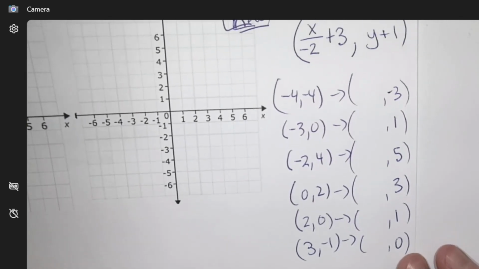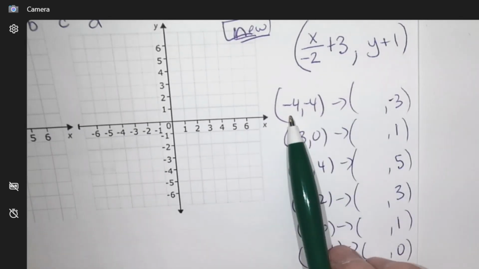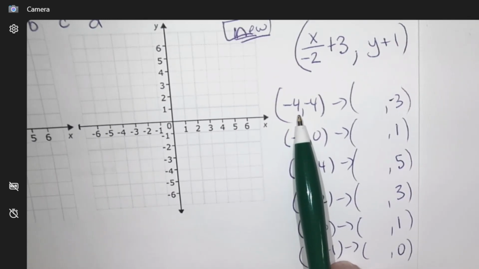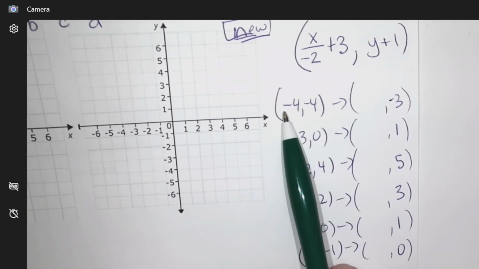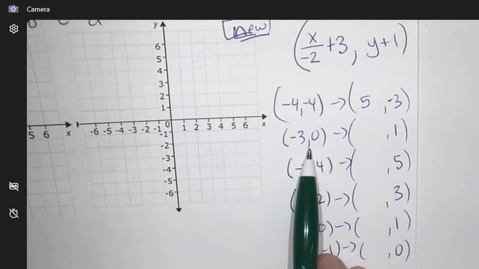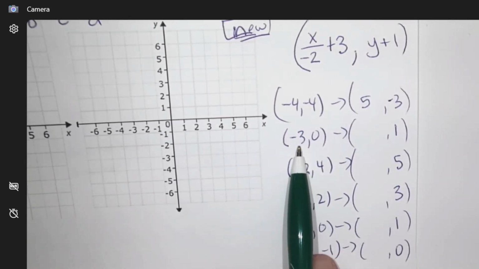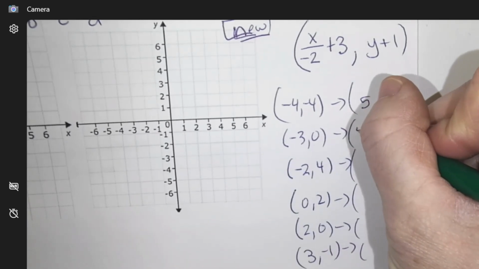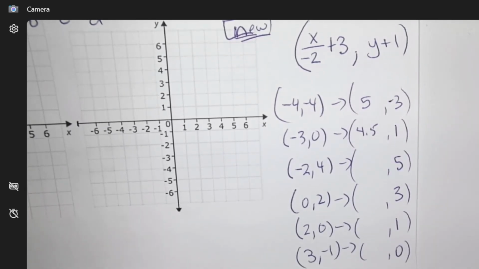Okay, the x's are a little bit more work. Okay, divide by -2 is 2 plus 3, 5. Divide by -2 is 1.5 plus 3, so 4.5.